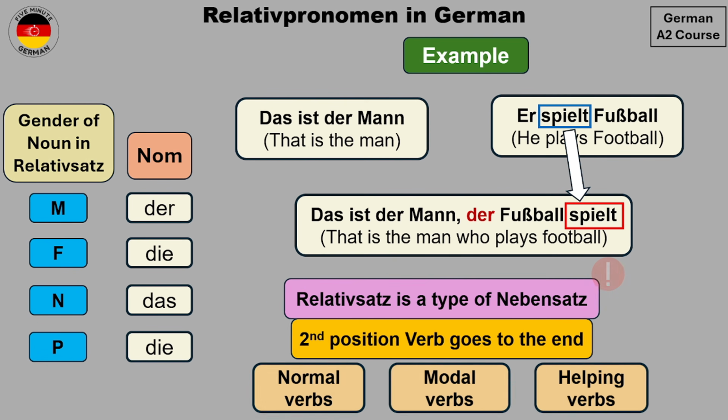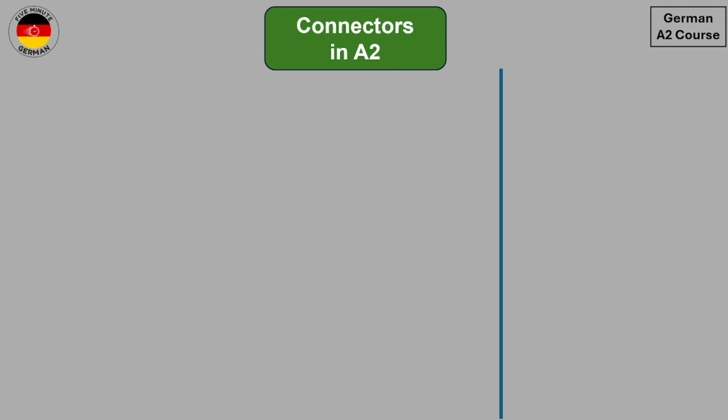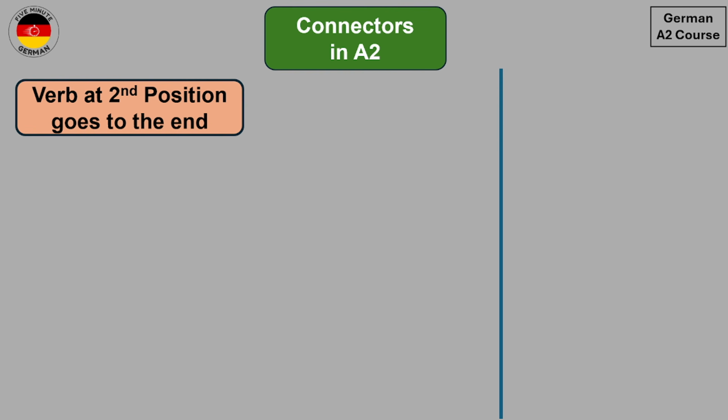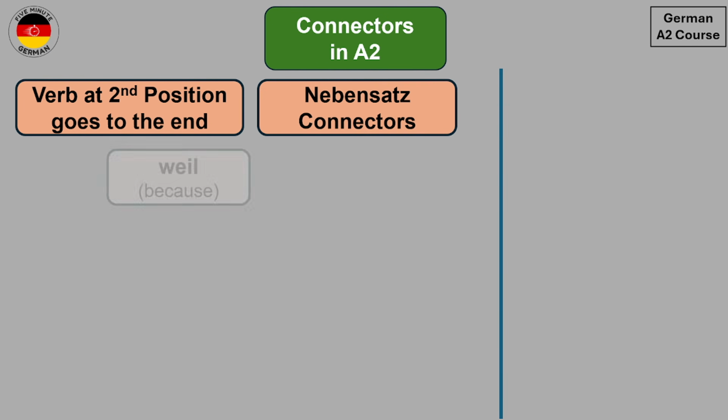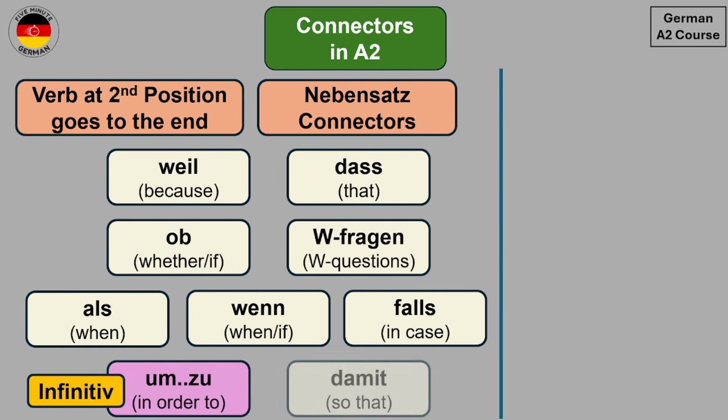And this is similar to the other connectors that we have already learned. So let's just quickly take a look at the other connectors in A2. So we have the connectors in which the verb at second position goes to the end, and these are also called Nebensatz connectors. And here is the list of Nebensatz connectors, which is weil, dass, ob, W-Fragen, als, wenn, falls, umso, and damit.